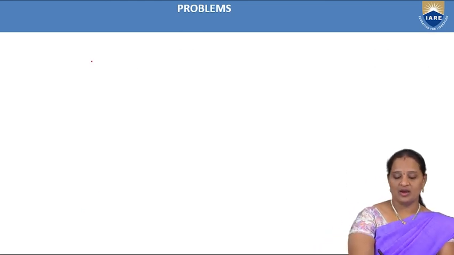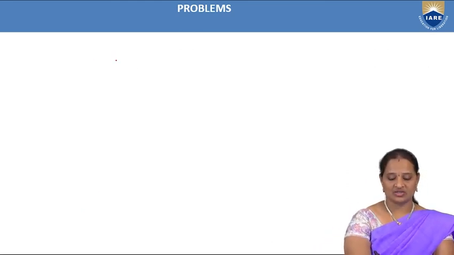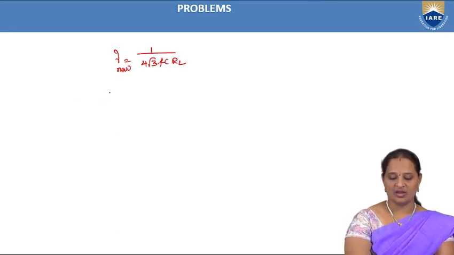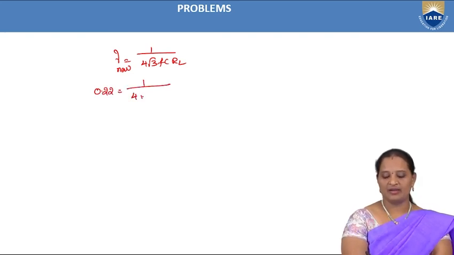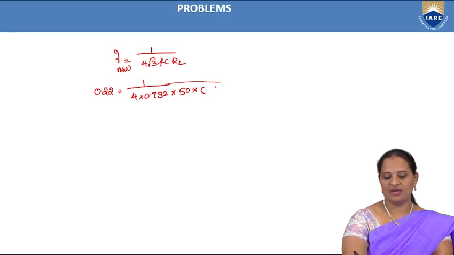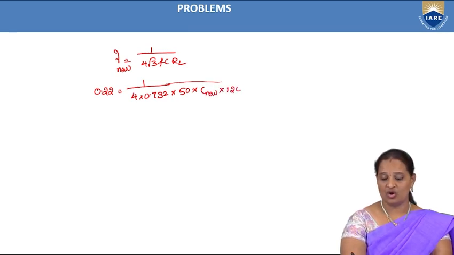Now for this one, I want to calculate the capacitor value. As you know the formula, 1 by 4 root 3 FC into RL. Here I want to find out the new capacitance value. So the new ripple factor is known, 0.22, equals 1 divided by 4 into 0.732 into F is 50 and C new we have to calculate, and RL we are not at all changing.